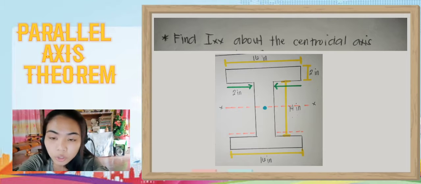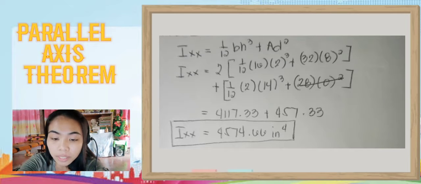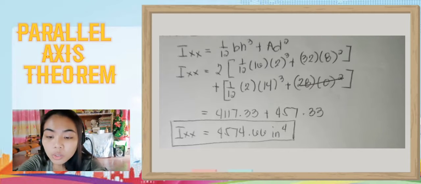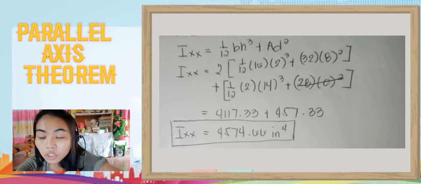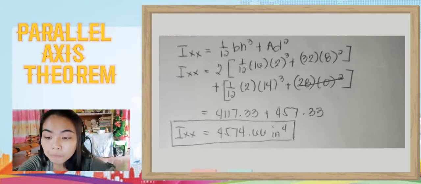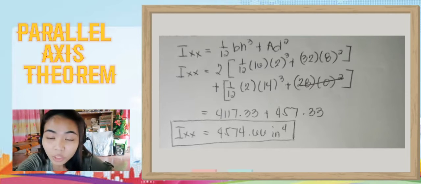So, we will use the formula 1 over 12 base times height cubed plus area times the distance squared. So, IXX is equal to, you can see the horizontal parts of the letter I, and the values indicated there are the same, exactly equal.